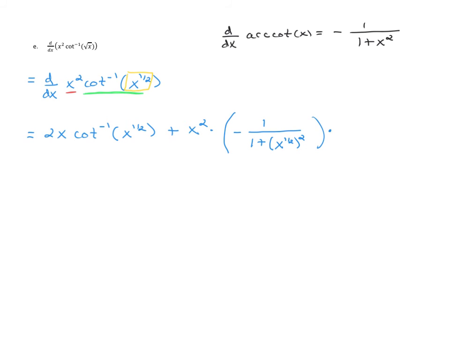Now this whole thing must be multiplied by the derivative of x to the 1/2. And that is 1/2 times x to the negative 1/2. So because I have to put whatever is here in place of this x, that's why I have x to the 1/2. And this came from the chain rule, taking the derivative of this piece. And this is the final answer.